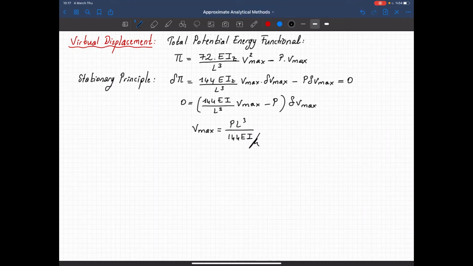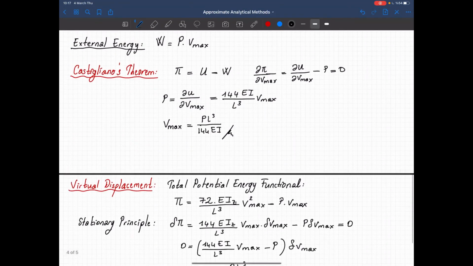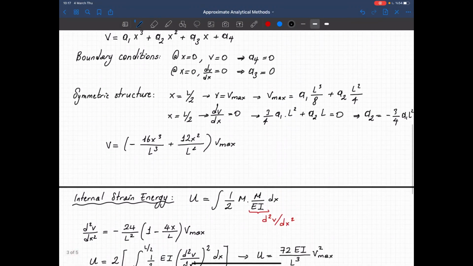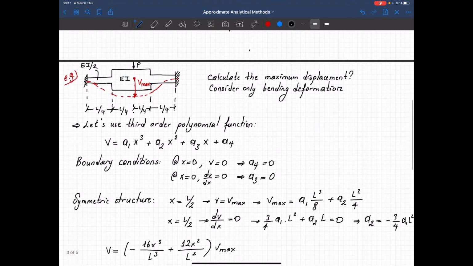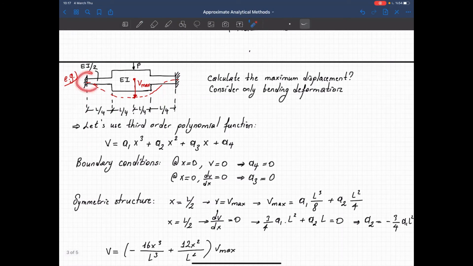So in the virtual displacement method, you can define any trial function, any polynomial function, maybe a trigonometric function. The important thing is it has to satisfy the essential boundary conditions. So in that case, that will be these ones. And it should be written in terms of some degrees of freedom.